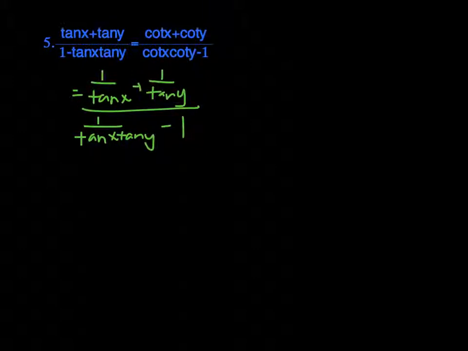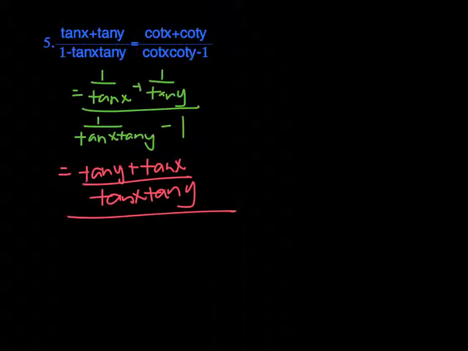Then, let me just keep changing colors so you can see where I'm going. Then I'm going to get common denominators, which on the top is going to give me tangent y plus tangent x over my common denominator of tangent x tangent y. On the bottom, I need to have a common denominator.